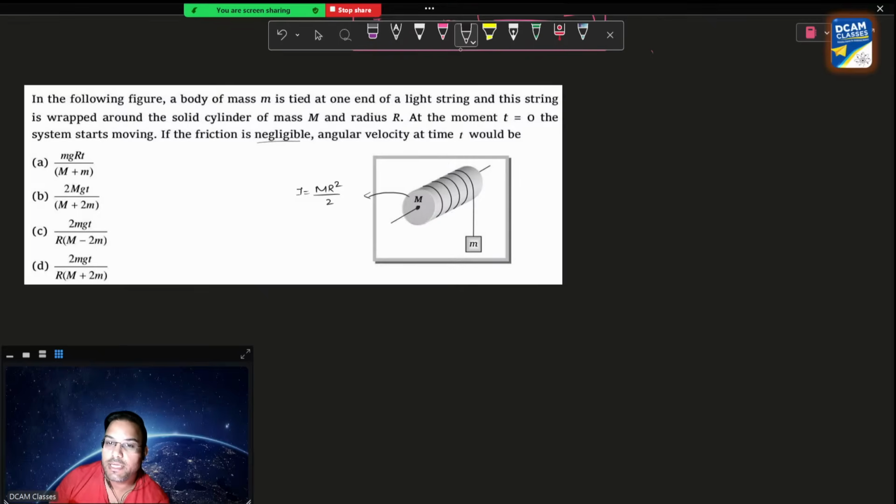See, what he is asking is the angular velocity at time t. Initially, the angular velocity was 0. Let's say here the tension is T. This part tension is T. So if we see from the front view, this pulley will look like this.